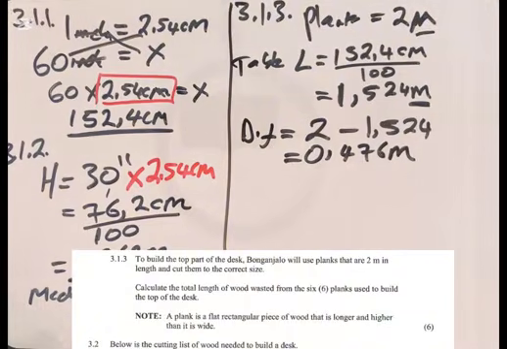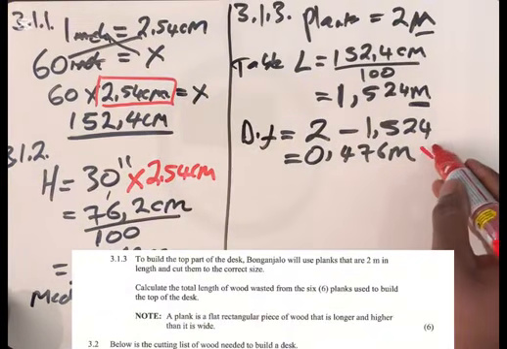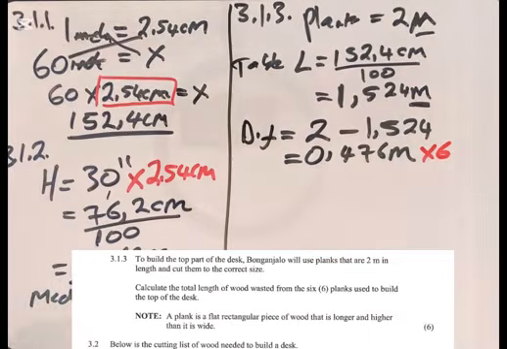He's going to lose 0.476 meters in each and every plank. Don't forget, you bought 6 of them. So we multiply by 6 to find the total, because they said calculate the total length of wood wasted.